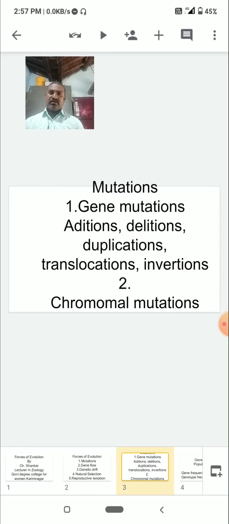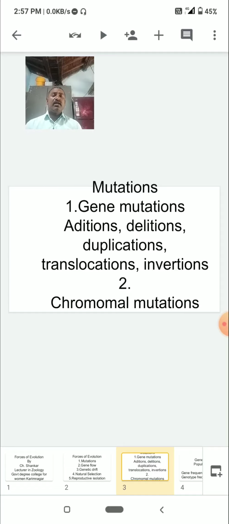Most plants and animals have diploid condition. Polyploid condition is present especially in Gramineae family plants, such as Oryza sativa and wheat. These conditions are very useful to some organisms. So, this is about chromosomal mutations.